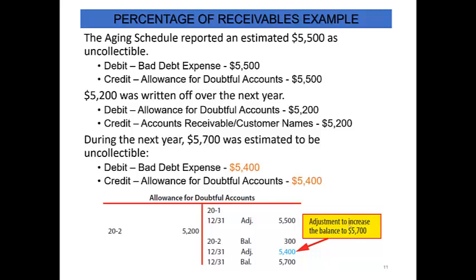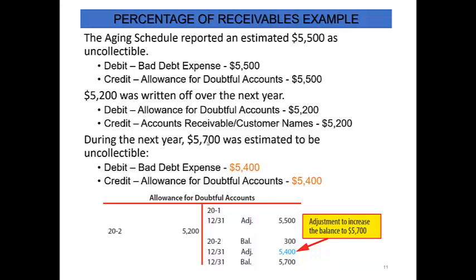Okay, so here's the thing you have to remember about this adjustment. You can't just stick the amount of your estimate in the adjusting entry like we did with the percentage of sales method. You have to make your estimate the ending balance. So it says during the next year, $5,700 was estimated to be uncollectible.